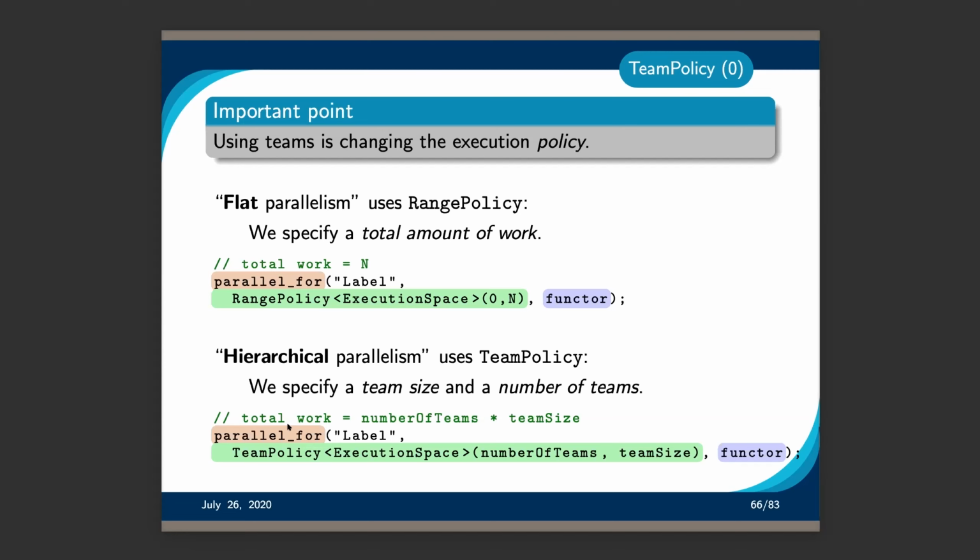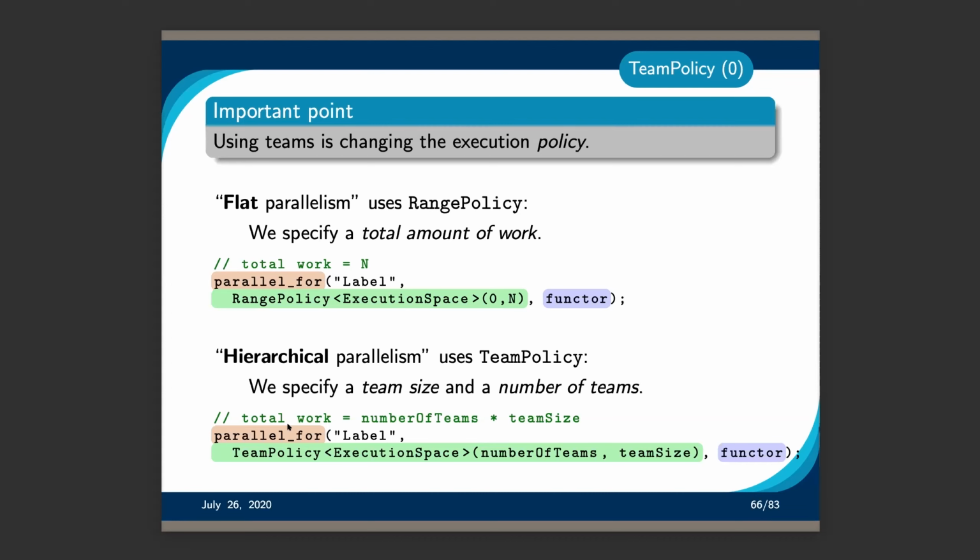What you specify there is the number of teams and the team size. Now, the team size is limited by hardware properties, largely because within a team we want to be able to synchronize, which means we also need to be able to actually execute all of the team ranks at the same time. The number of teams is not limited.